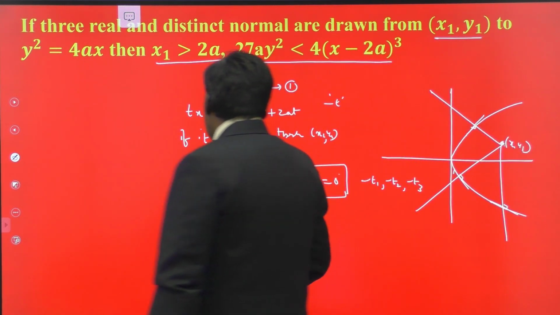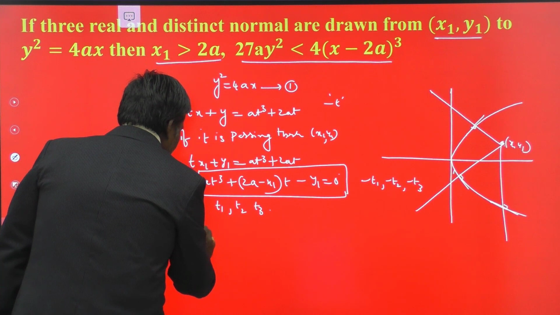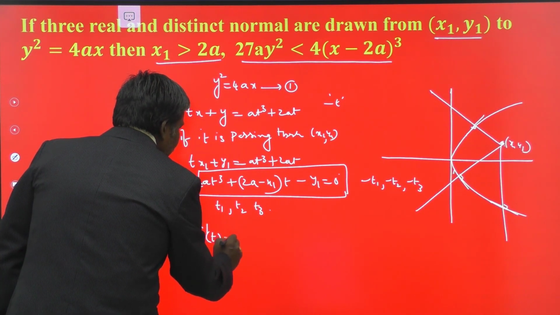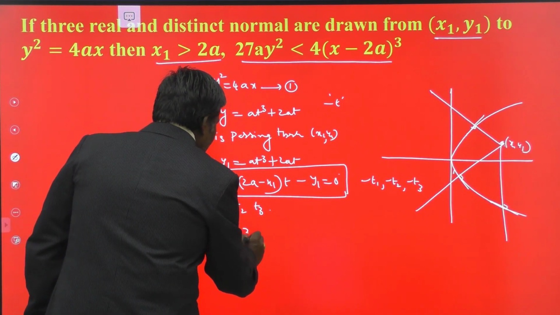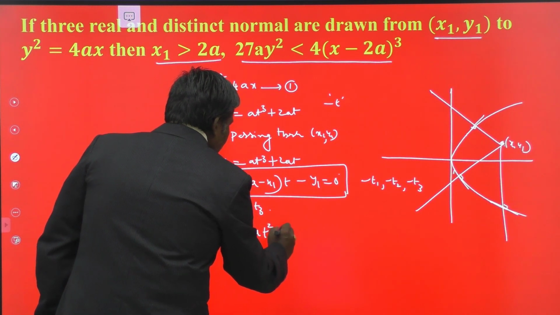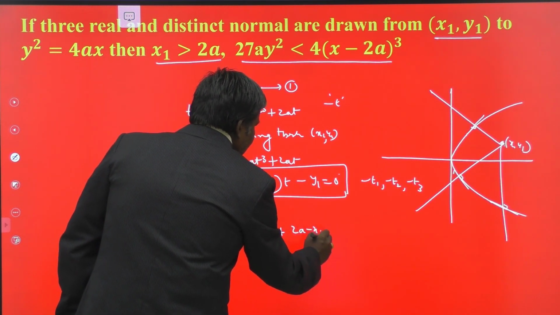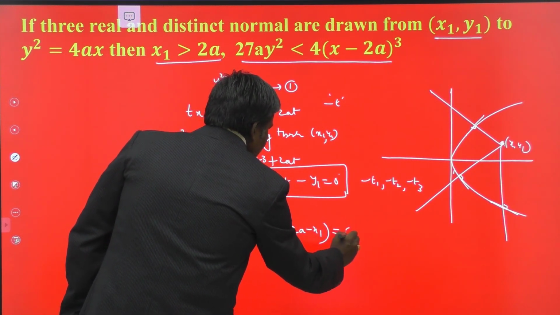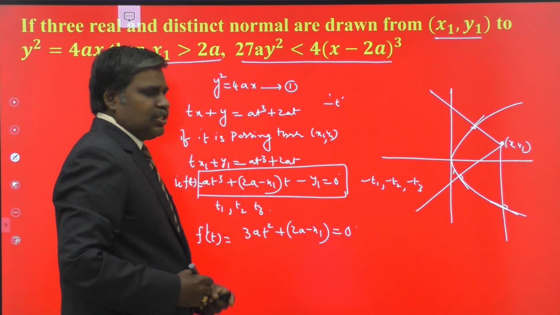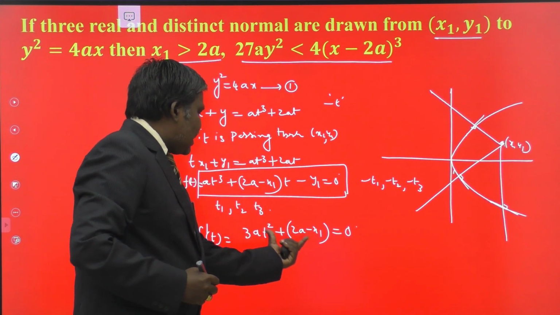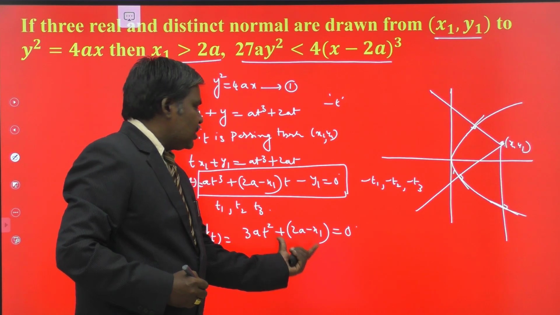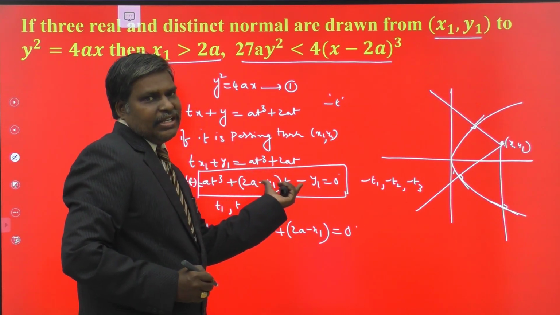That means you take f′(t) = 0. What is your f′(t), my dears? 3at² + 2a − x1, which is equal to 0. When it has two real and distinct roots, then only it has three real and distinct roots.